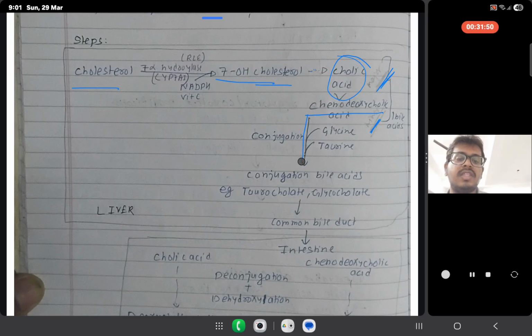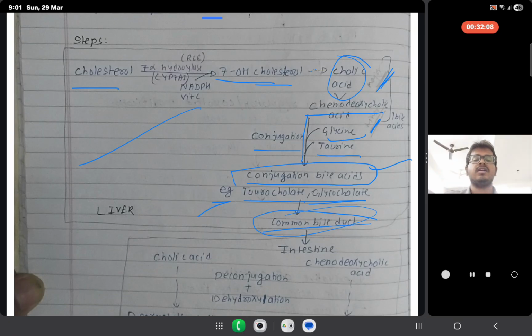Then conjugation with glycine and taurine gives conjugated bile acid, the formation of taurocholate and glycocholate, which are the bile salts. This is in the liver.